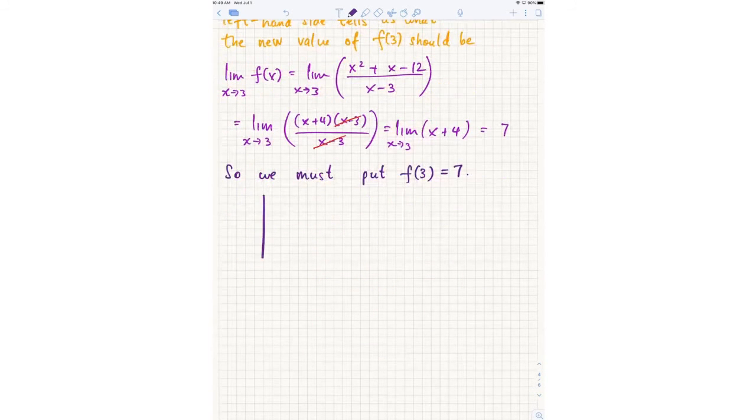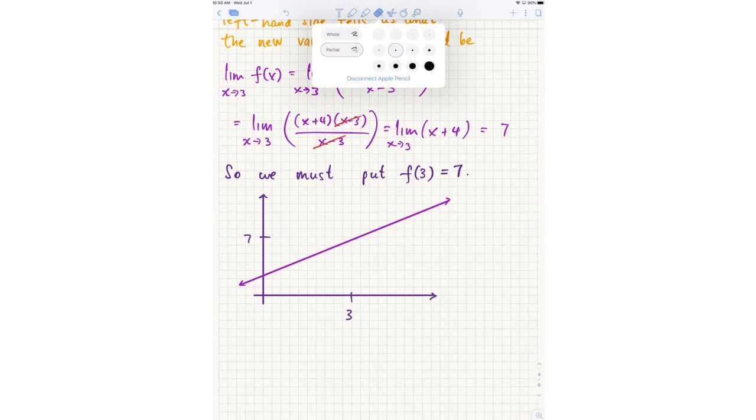All right, what's going on graphically in this case? Here's 3, 7. Oh, sorry, this is a graph of the original function, y equals f of x, before redefining f of 3.